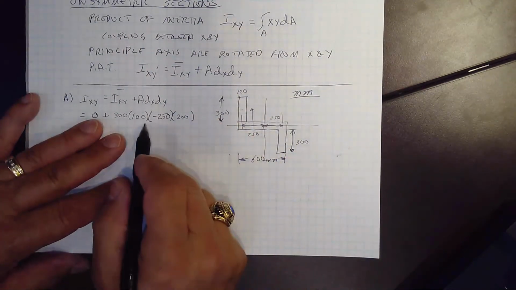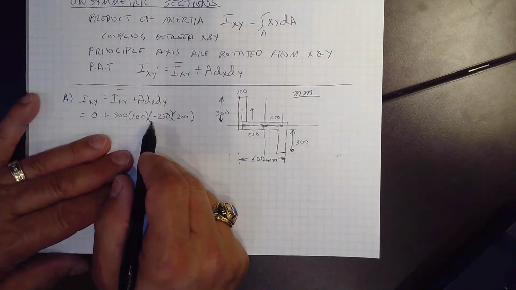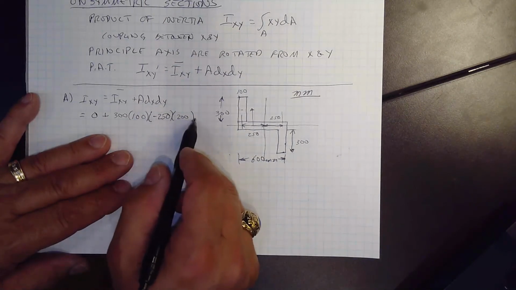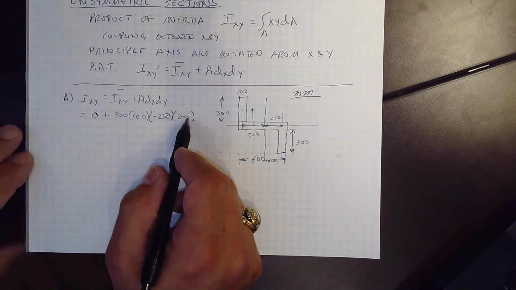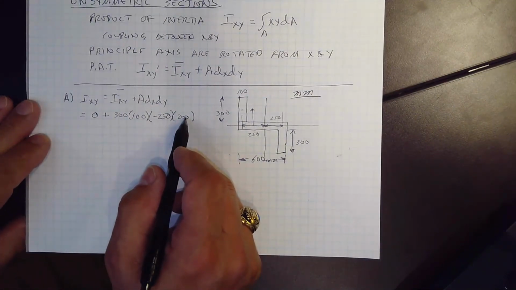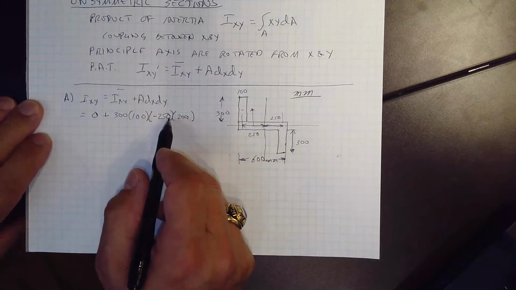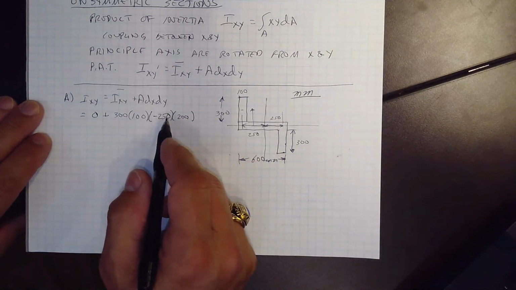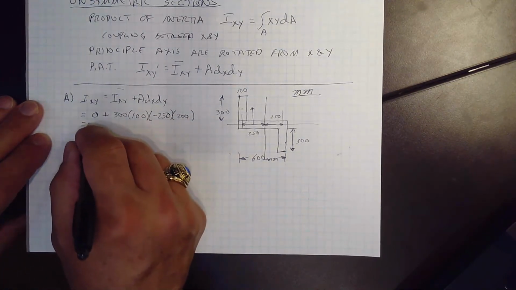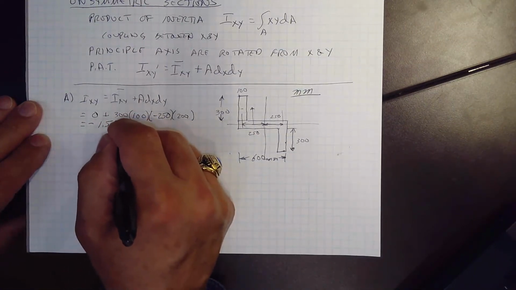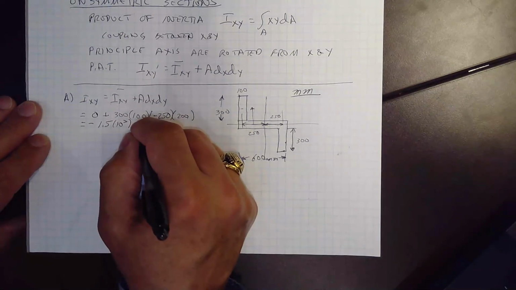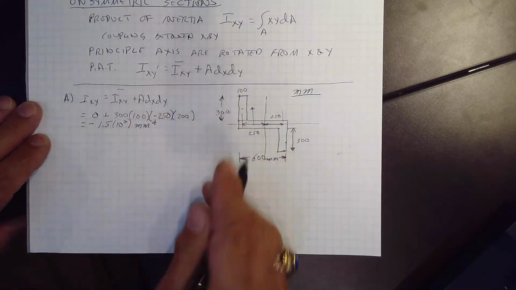Now note that we no longer have a positive number, right? We're not squaring a distance. We have two distances that we're multiplying times each other. So we've got to be careful on our signs because it will make a difference. And so for that case, it comes out to negative 1.5 times 10 to the 9th millimeters to the 4th.